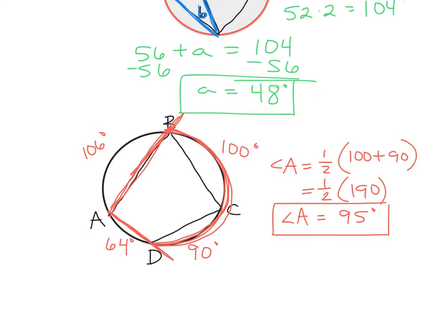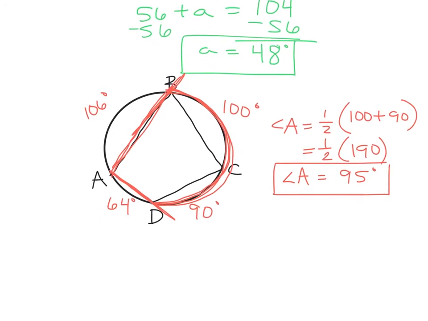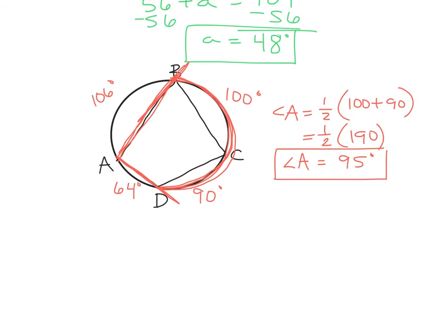Okay, so there's A. So move on to B. B opens up to what? 64 and 90, right? So this, the blue, is our intercepted arc. So angle B is half of 90 plus 64.